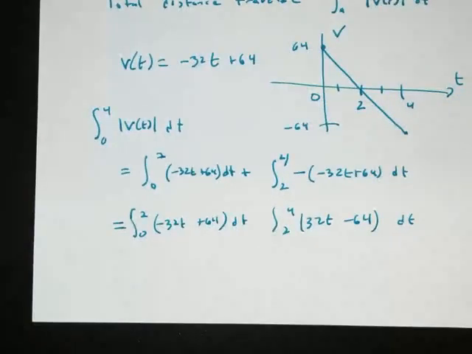Problems are both easy to do. Please note that your total distance turns out to be 128 feet, 64 going up and then 64 coming back down. Make sure that's what you get.